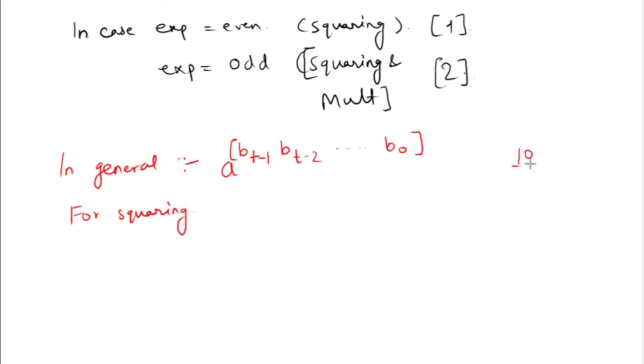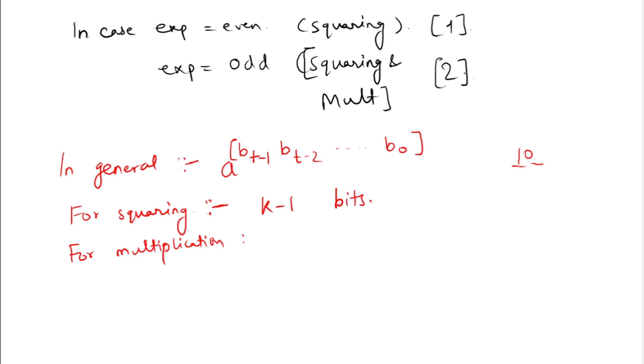So 1 0, let's say even number, 2 bits would be required. So that means for t minus 1 bits would be required. And for multiplication, 1 bit would be required. And 1 bit for each of the total t minus 1 bits would be required.